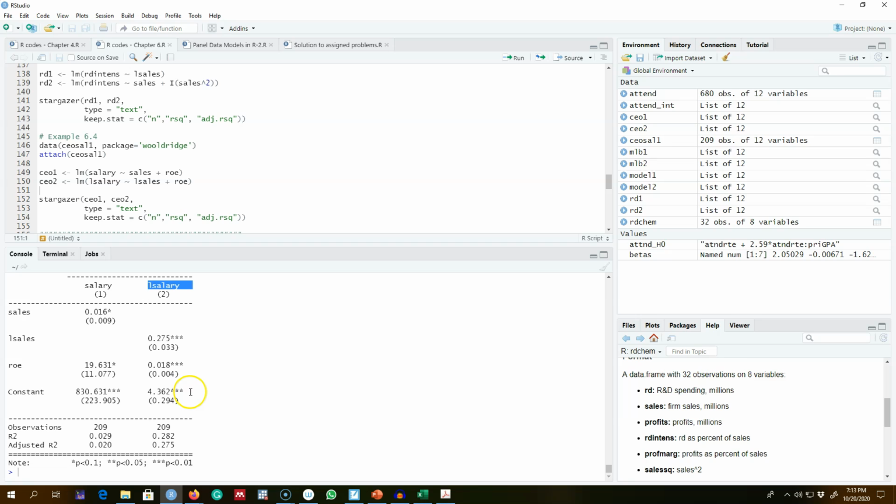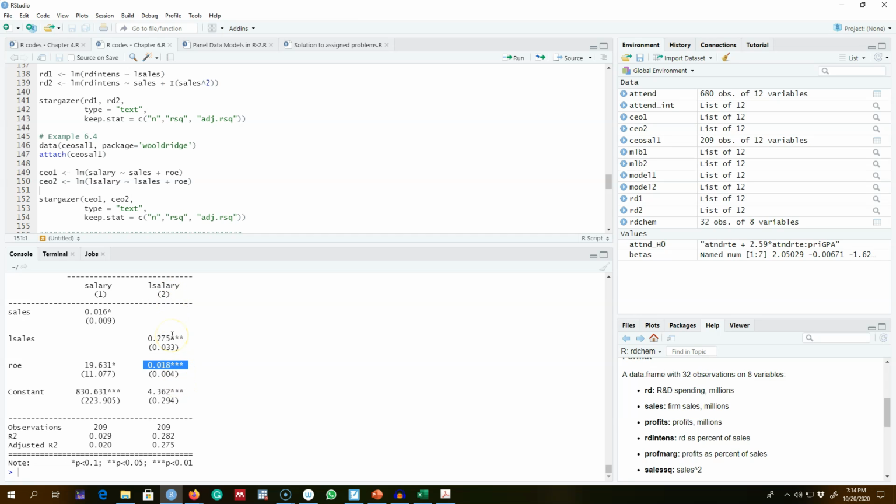So here we have to go beyond R squared and look at the statistical significance of all of the variables in the model. We see that in the levels model, both sales and return on equity are statistically significant at about 10%, but log sales and return on equity are statistically significant at 1% in the log model.